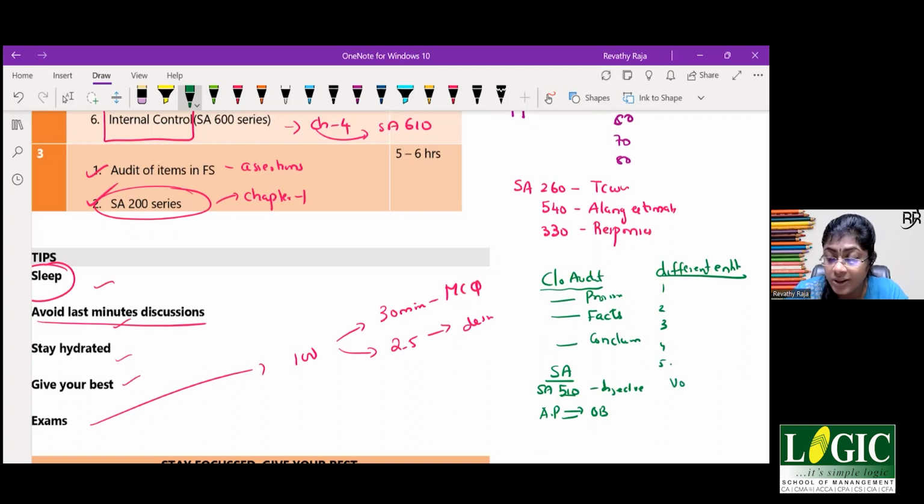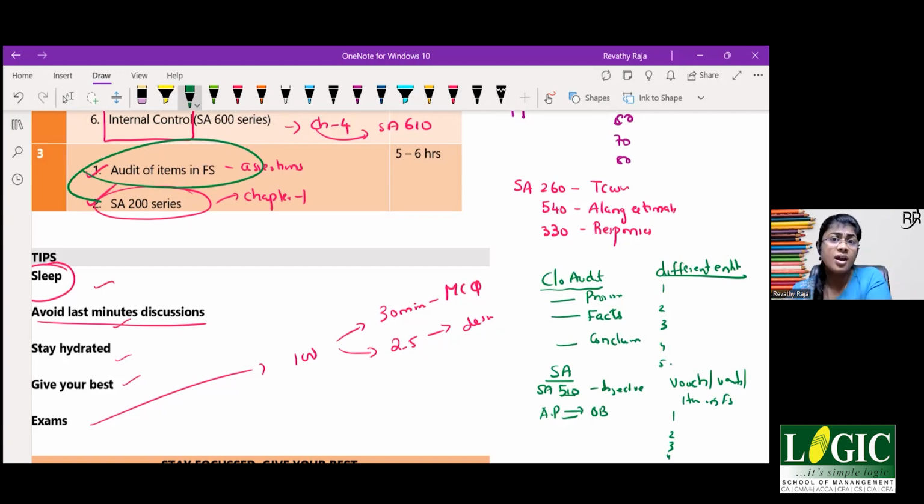Similarly, if the question is like how would you vouch, how would you verify the items in FS, this chapter, again better to present in points. And whenever they ask steps or program, you can present in points.